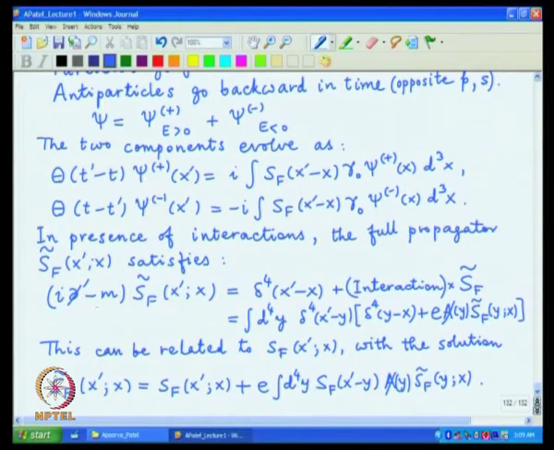So, if you operate by this operator del prime slash minus m on both sides of the equation, every time it acts on S f, you get delta functions, and it exactly amounts to the structure which we wrote above. So, if you are given an answer for S f, which we already calculated in the previous lecture, now we can obtain an answer for S f tilde. This procedure is at this stage formal.